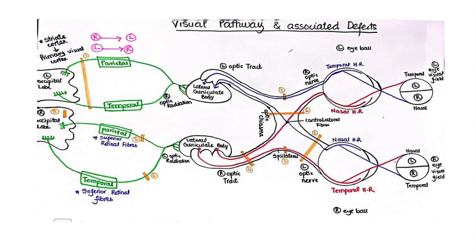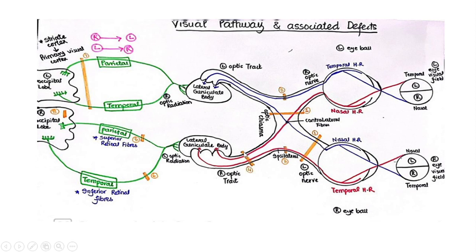Now we will talk about the lesions. I have marked them with the orange color. There are 8 lesions. First lesion here, this is the right optic nerve. Second lesion here, this is the optic chiasma. Third lesion is here, these are both sided ipsilateral fibers.